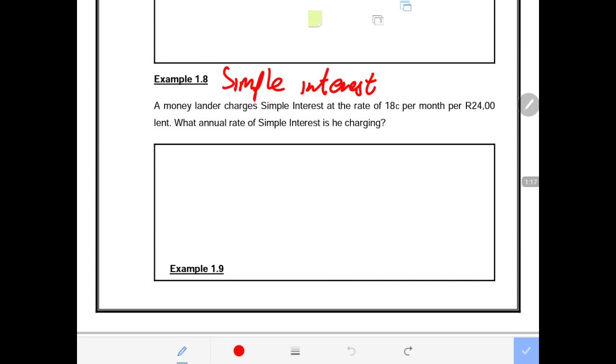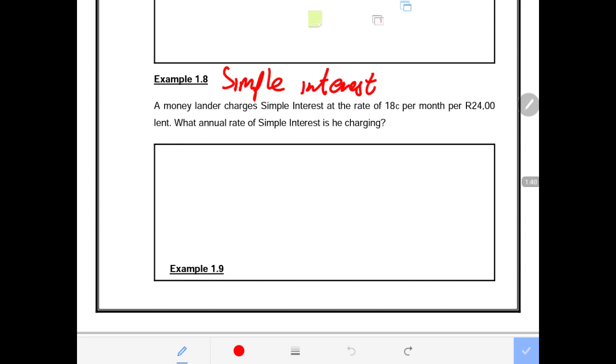What annual, take note, what annual rate of simple interest is he charging? We are concerned with the interest rate that he is charging. And know that our N must be in the same time frame as the interest. Then the question, where is N here?